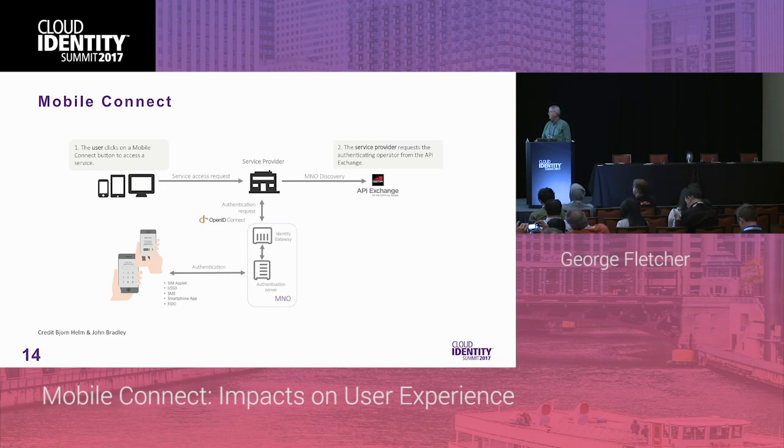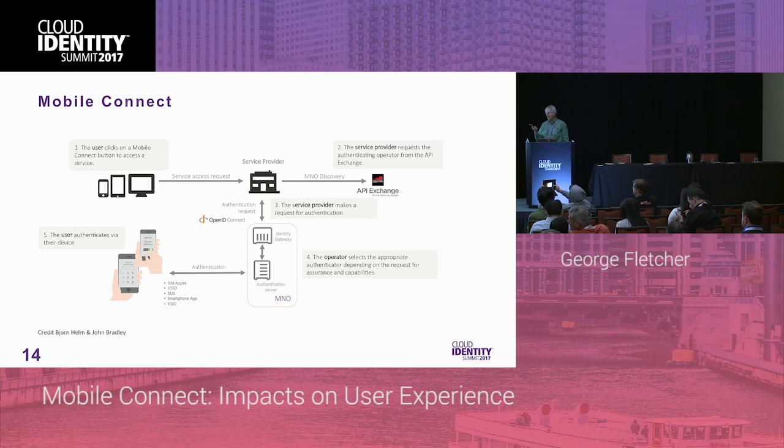At that point, the MNO can choose whatever mechanism it needs to authenticate you via your device. If you want to think about this, the way a user authenticates on their device could be, because the MNO owns the device, it could push a prompt to your phone that says, scan your fingerprint or take a picture.